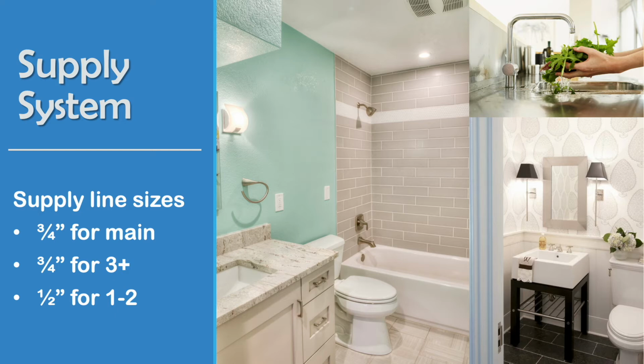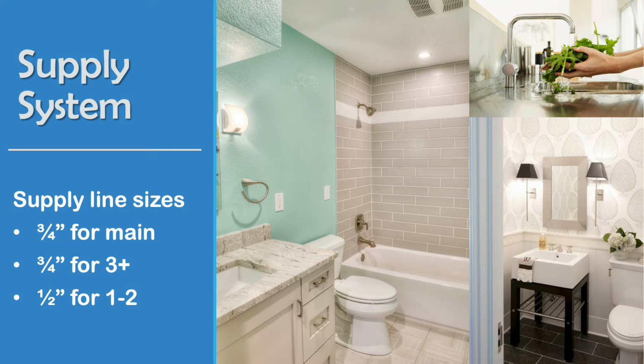We're really going to keep that 1/2 inch for things like a powder room or a half bath that just has a lavatory for washing your hands, and a water closet, which is also called a toilet. Again, more nomenclature.